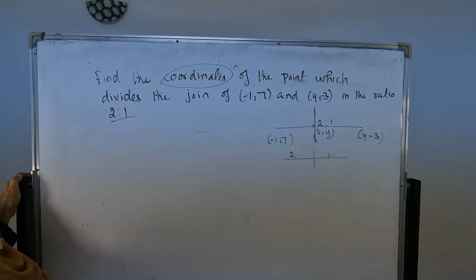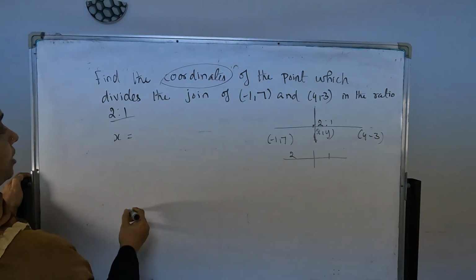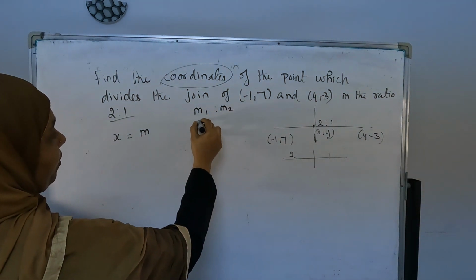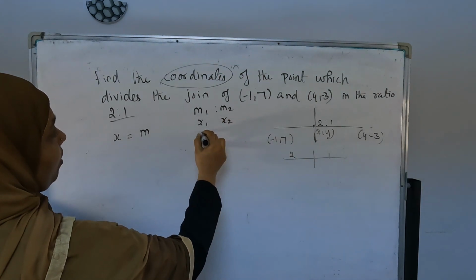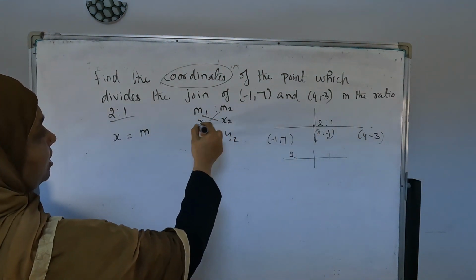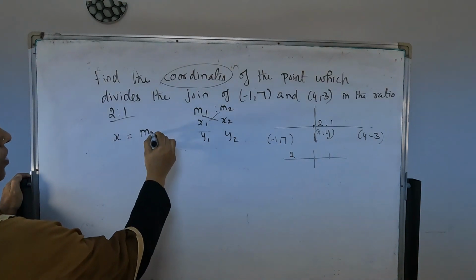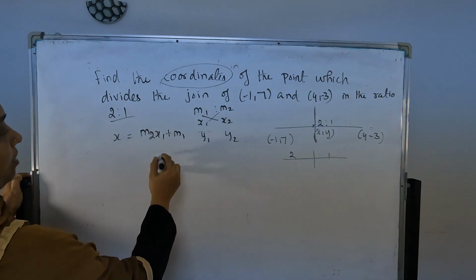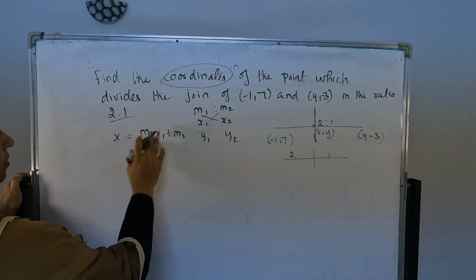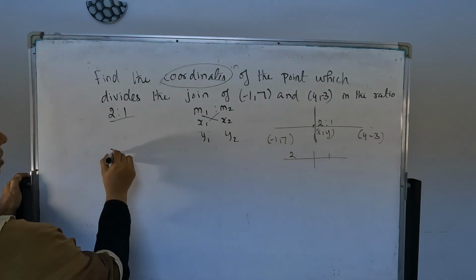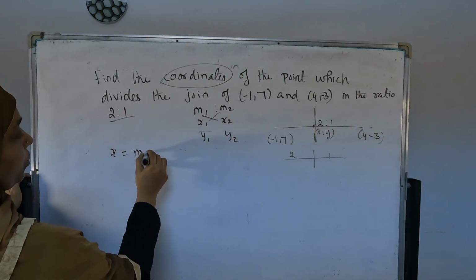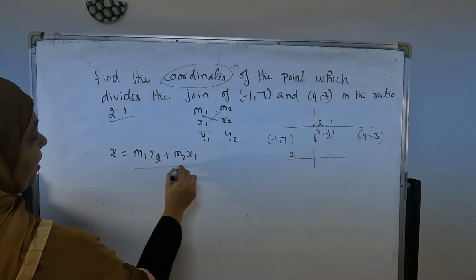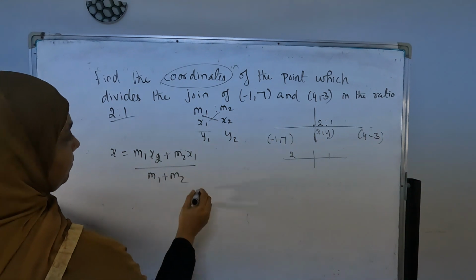Section formula we have to use. If you are taking the ratio m1 is to m2 and the points are (x1, y1) and (x2, y2), cross multiplying, the section formula will come. So x is equal to (m1 x2 plus m2 x1) by (m1 plus m2).